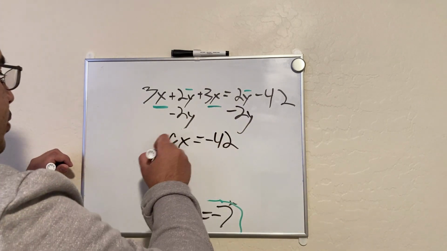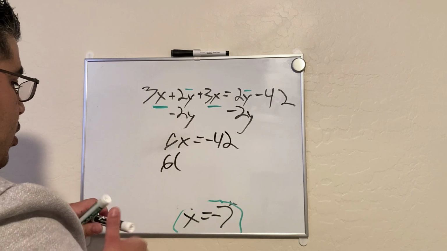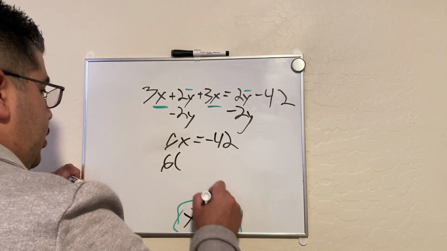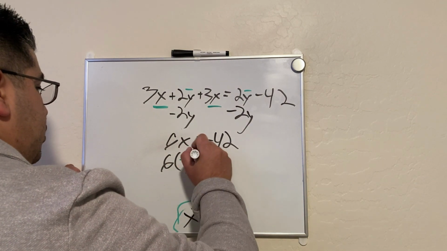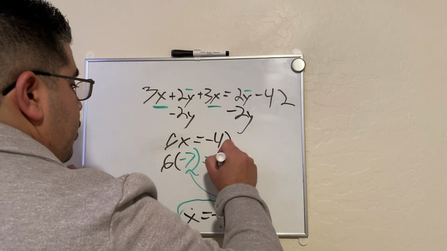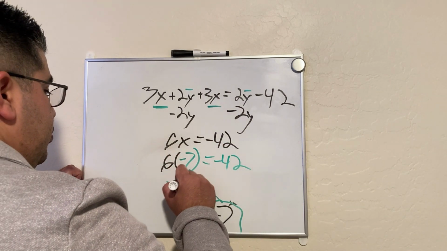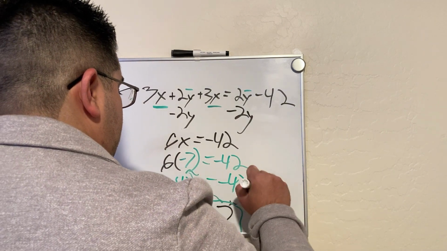Now we're going to plug in negative 7 for x. We'll put that in over here. 6 times negative 7 equals negative 42. 6 times 7 is negative 42. Equals negative 42.